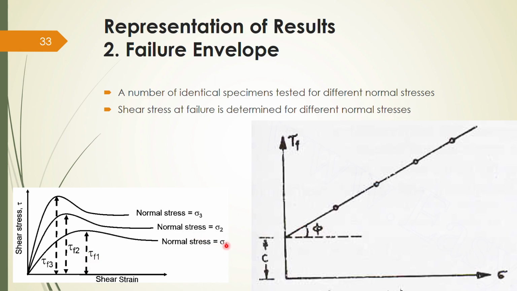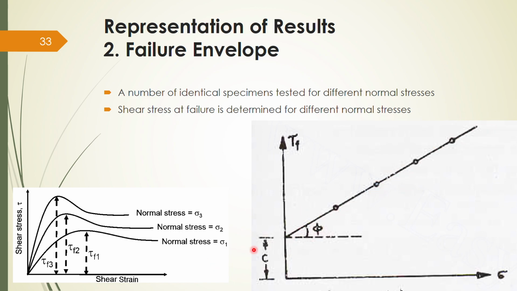So you got sigma and tau values. How many points will you get? You will get 3 points if you plot a sigma tau F curve. If 4 samples are tested, then you will get 4 points.